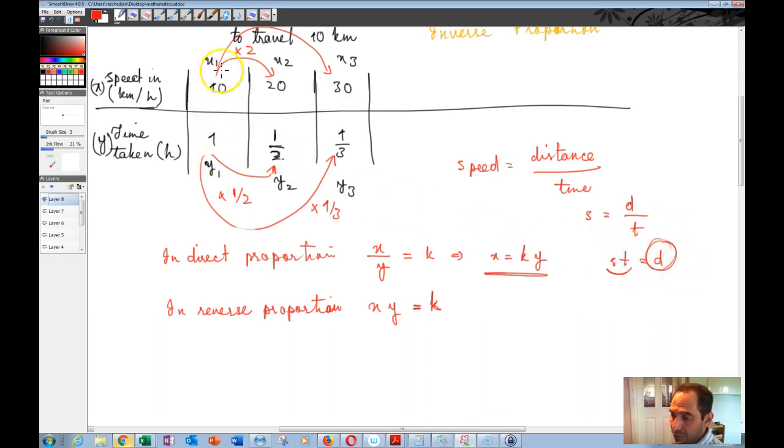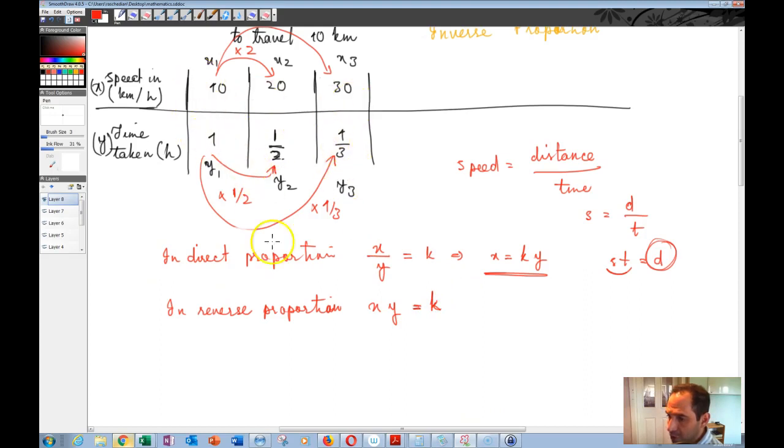So as we saw in the case of this example over here, as we were changing the speed, the time was changing, and the product of these two numbers remained constant, meaning that we had, for example, 10 times 1 is equal to 10, 20 times half is equal to 10, 30 times 1/3 is equal to 10. So the product of these two numbers, x1 y1, x2 y2, x3 y3, is remaining constant.